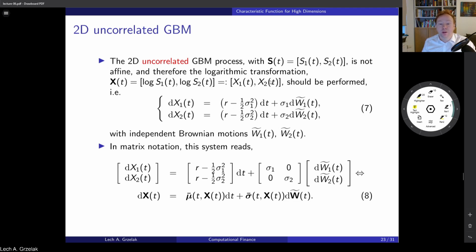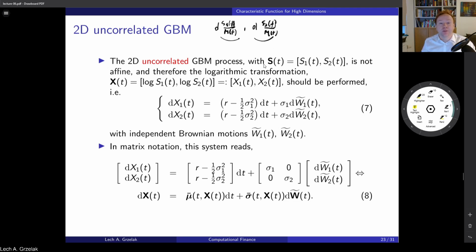Both dS1(t)/M(t) and dS2(t)/M(t) have no drift, so both processes S1(t)/M(t) and S2(t)/M(t) need to be martingales.